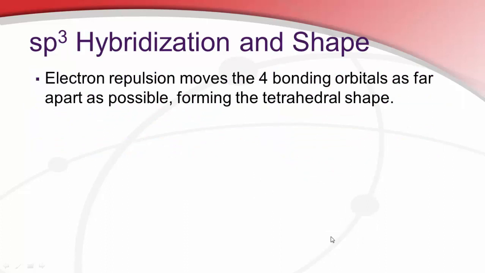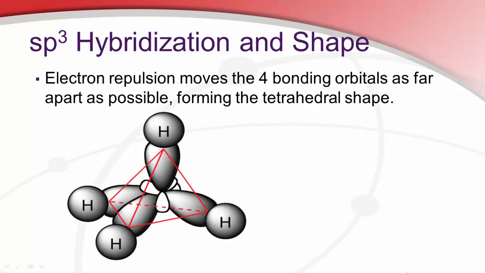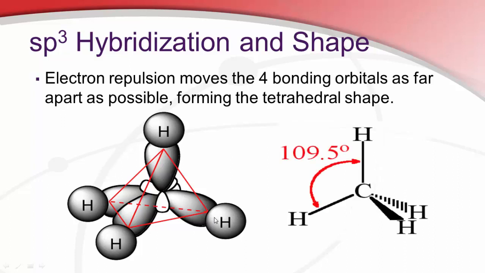So as soon as we have these equivalent orbitals, the repulsion of like charges suggests that these orbitals are going to move as far apart as possible, and they form what we call a tetrahedral shape. So if we take something like methane, then the hydrogens will get as far apart as they can, which turns out to be at the points of a tetrahedron.